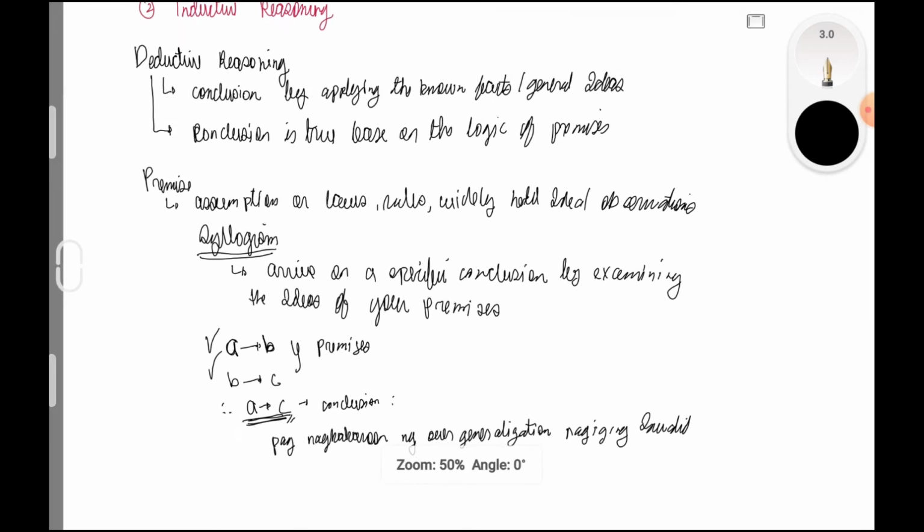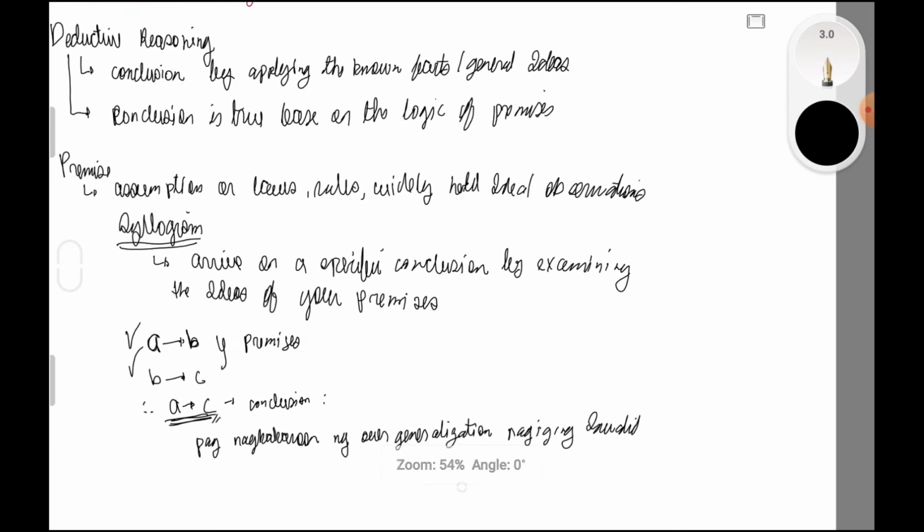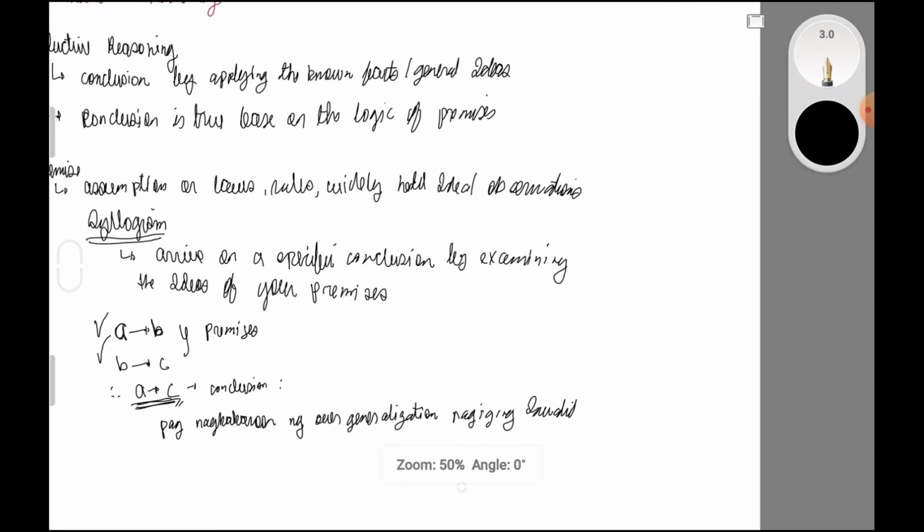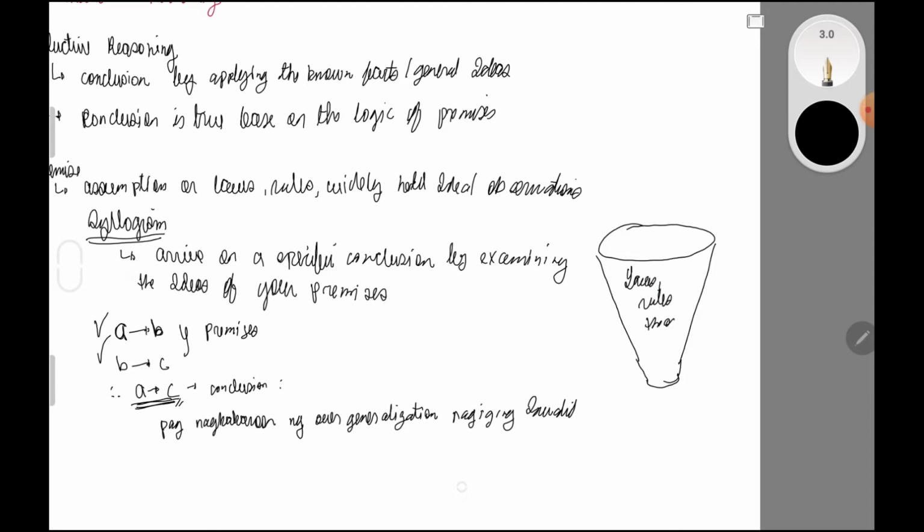So, take note that yung deductive reasoning natin is para yung funnel. Okay? Wherein, ito yung funnel natin. From the two premises, pumapasok yung mga ideas natin. Okay? Pumapasok yung ideas, yung mga laws natin, rules, mga theory natin. Sinasagat natin yan into your conclusion or yung mas generalized na idea natin.